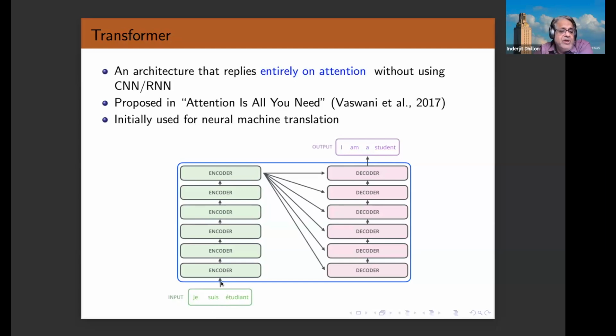And as the name suggests, it does transform. So there will be 3 vectors associated with each of these words, and each of the layers will transform each of these 3 vectors into 3 new vectors. And it'll keep on doing that.